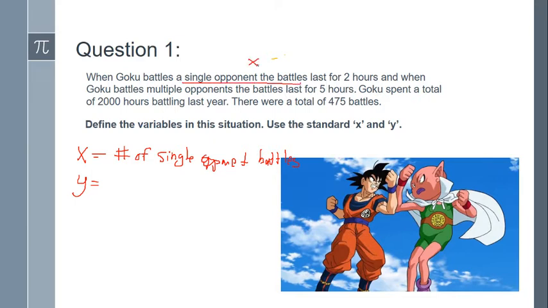And multiple opponent battles, that's what we're going to call Y. So is he fighting just one opponent or many of them? Forgive me if you can't read that. We're going to define those variables first: X is the number of single opponent battles and Y is the number of multiple opponent battles.